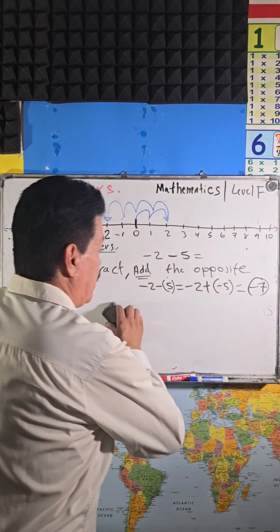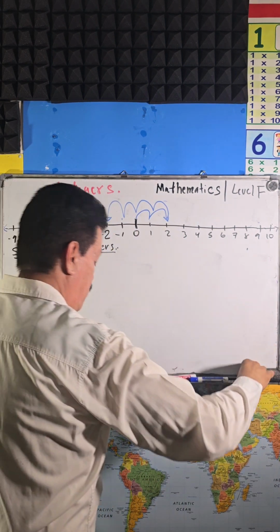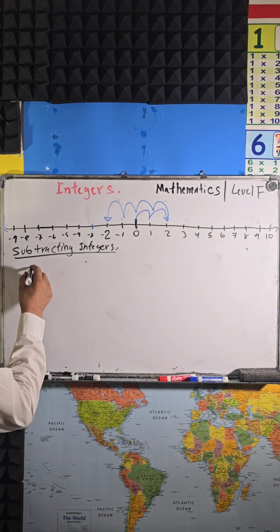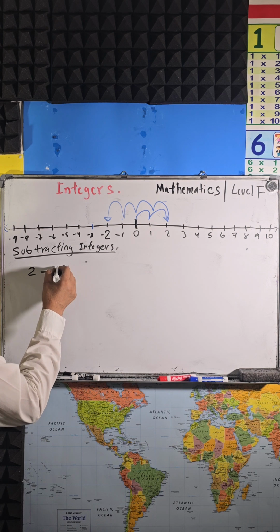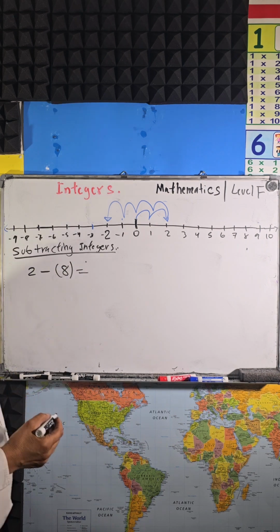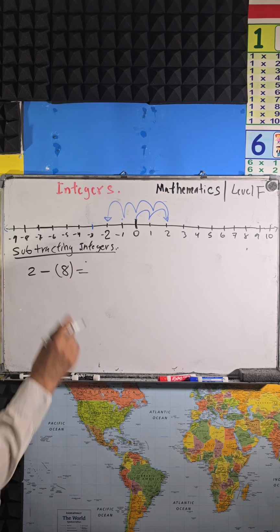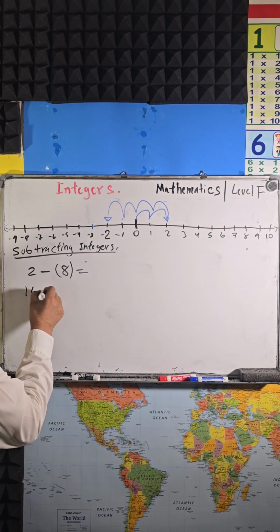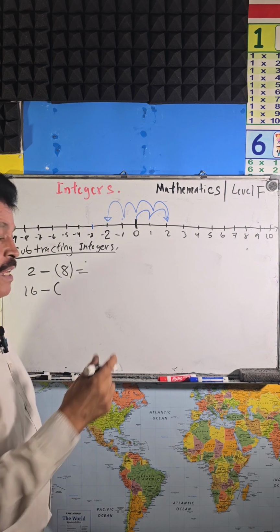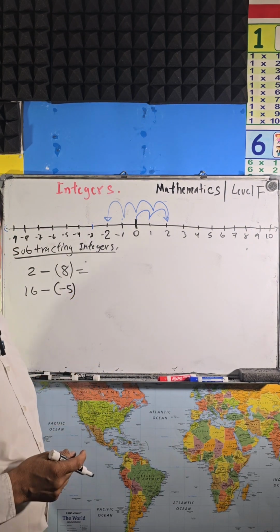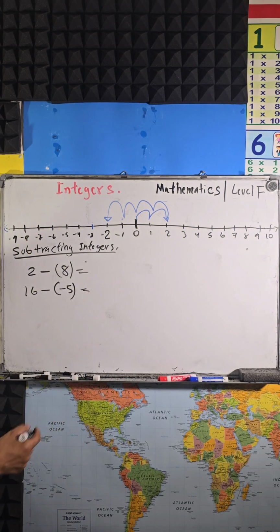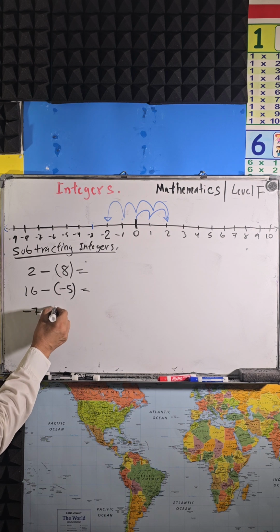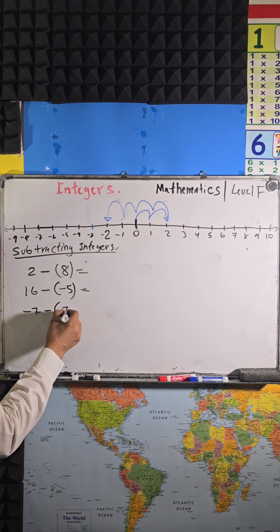Let's solve a couple of problems. Let me solve a couple of problems for you. Let me write negative 2 minus 8. Next one, let's write negative 16 minus negative 5. A simple question. Next one, negative 2 minus 7.